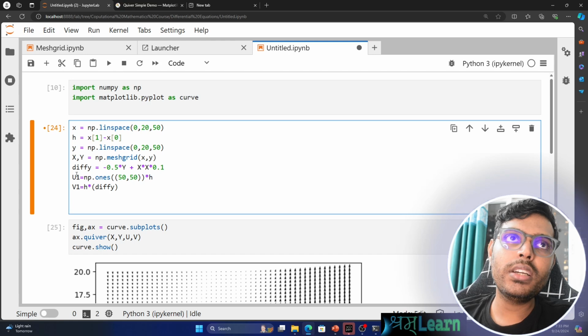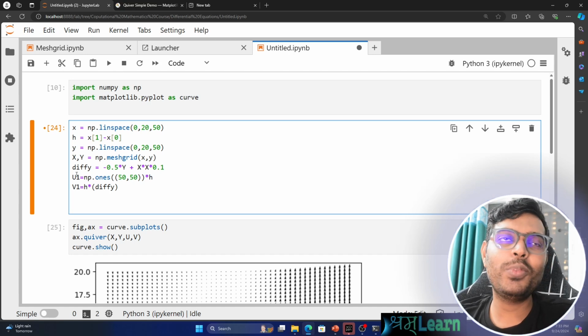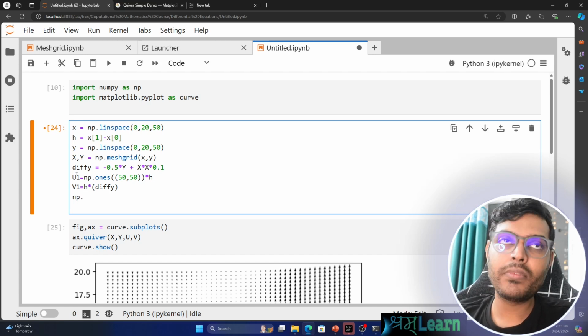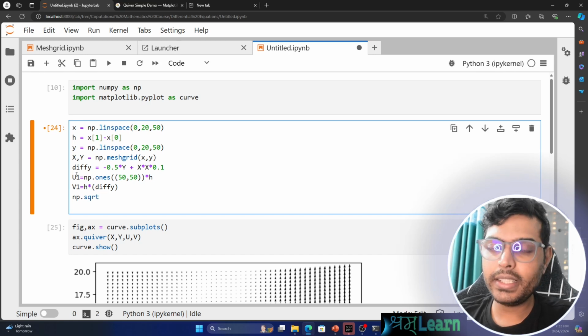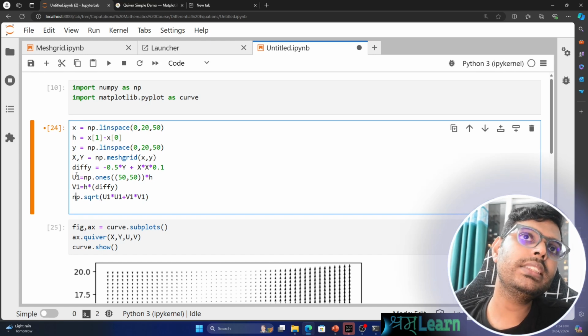Can we compute the magnitude of our vector, u1 x cap, i cap, u1 along x axis, v1 along y axis? The magnitude of this vector is going to be np.sqrt of u1 times u1 plus v1 times v1. Okay, so this is the magnitude.